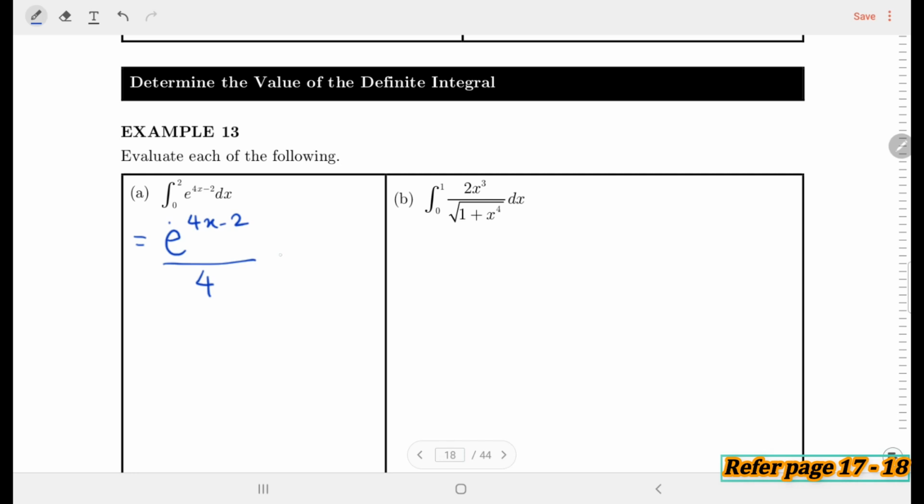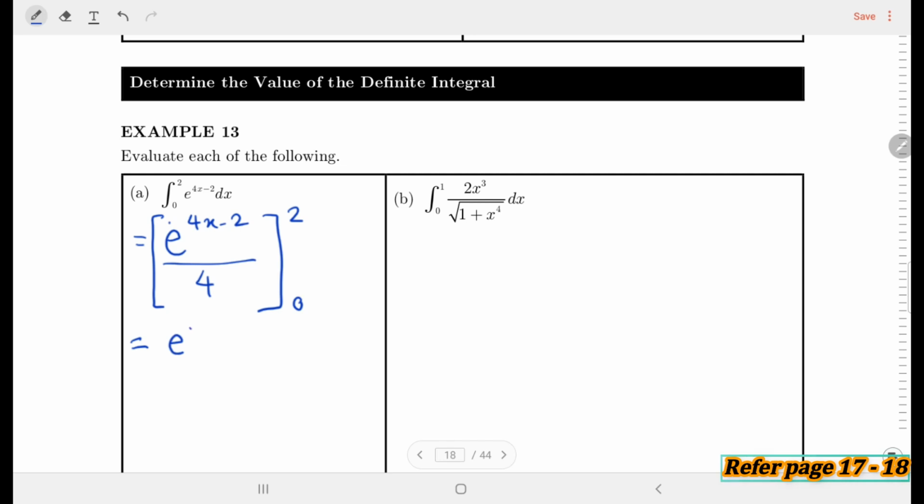We usually put plus c, but since this is a definite integral, we put square brackets from lower limit 0 to upper limit 2. Now we substitute the upper limit 2 and also 0 into the integrated result.